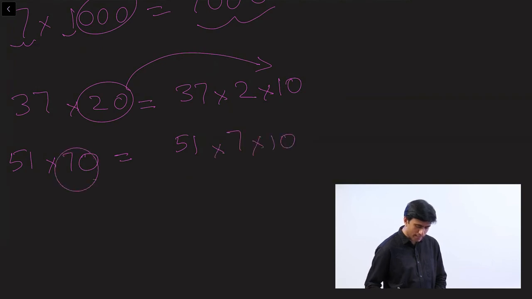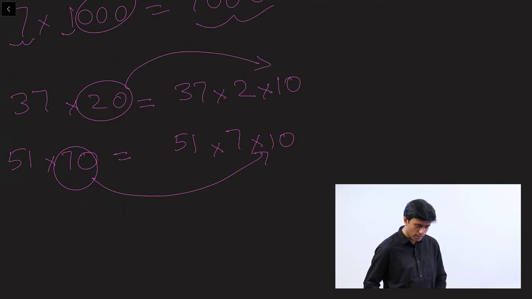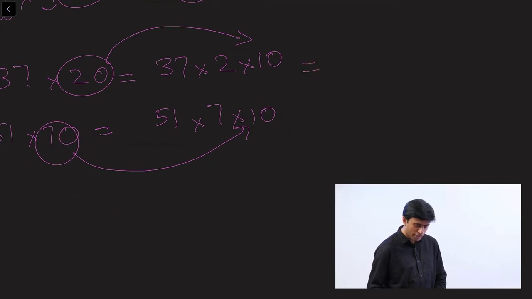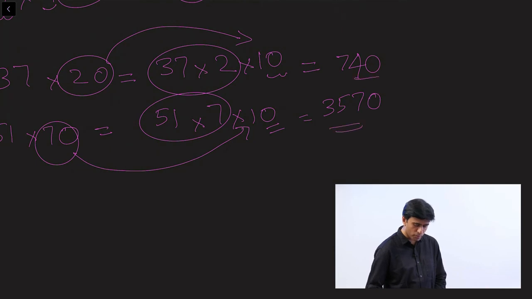All you need to do next is just do 37 into 2. 37 into 2 is 74. And then put a 0. 740. How about 51 into 7 is 357. And you put a 0.